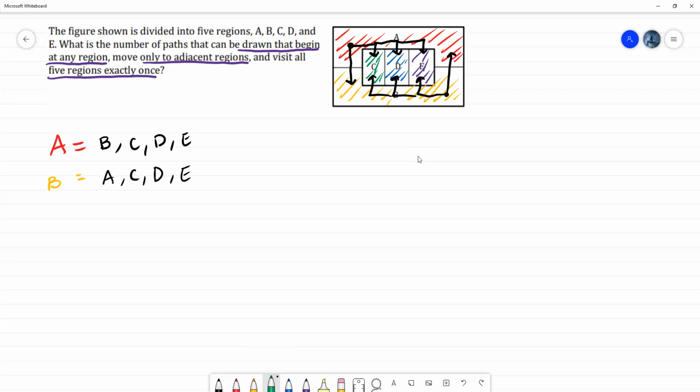If we continue that pattern, let's have C right here. We start at C. We can go to A right here, D here, and B right here. But we can't go to E because it's not adjacent. You would have to first go to D and then E, or you could go to A and then E too. There's many options.